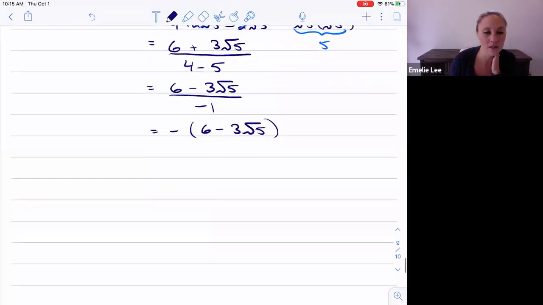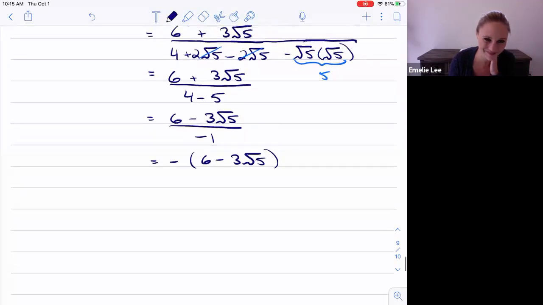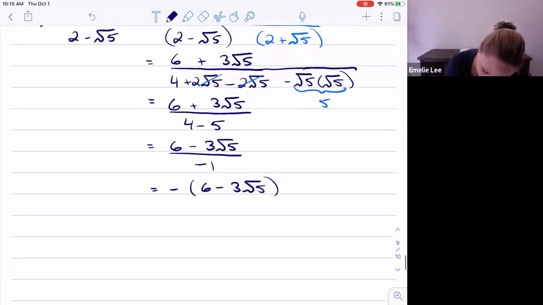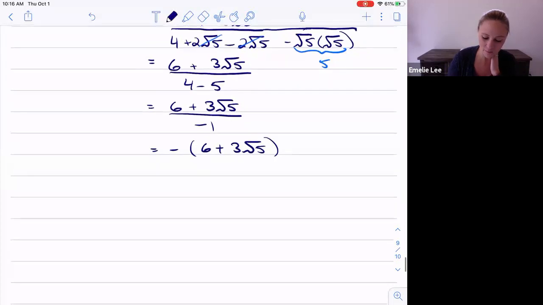So then, 6 plus, thank you. Tim's on the ball. Good. So now, just to simplify things, I'm going to bring this negative inside or just leave it outside.